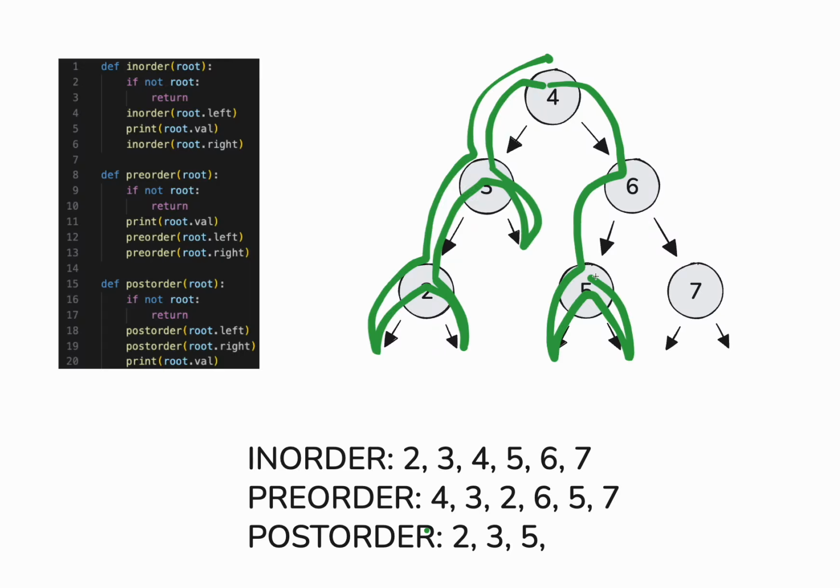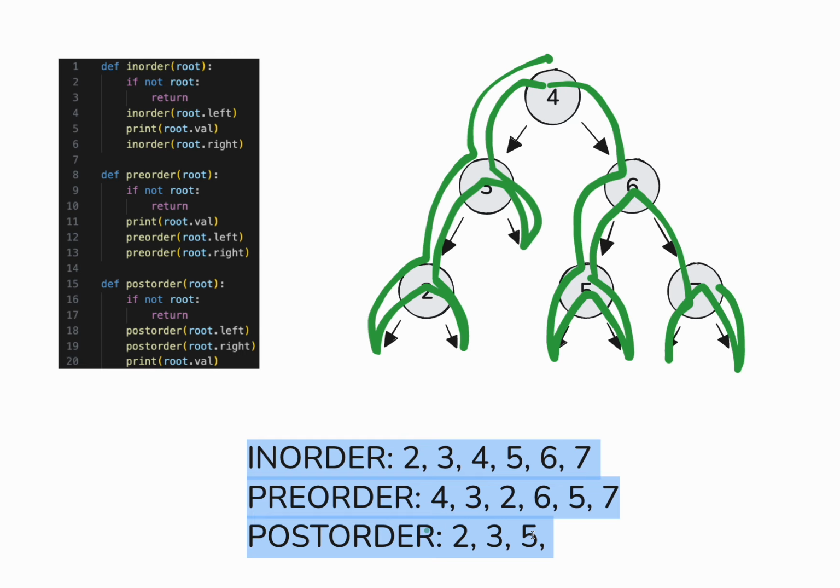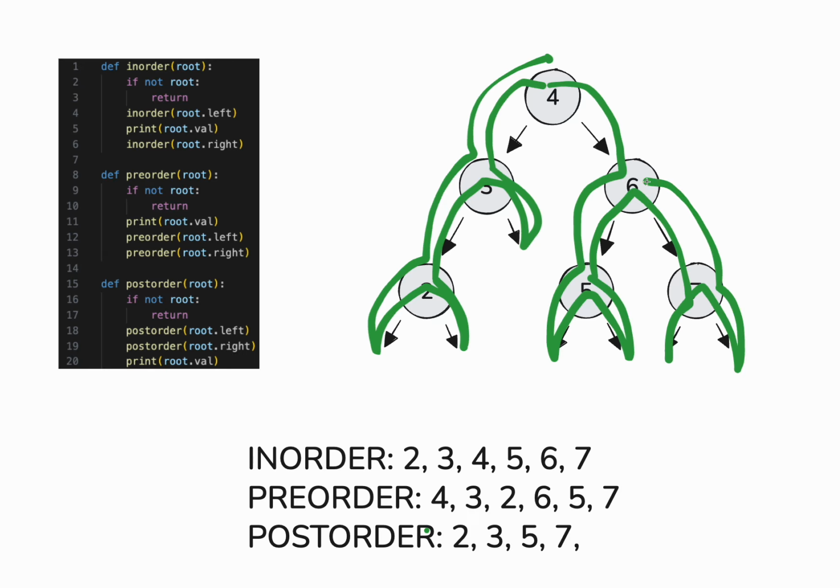Okay, now we're done with 5, let's kick back up to 6. Okay, process left, kick back up, process right, kick back up. Process the 7 node. Okay, now we're done with 7. Let's kick back up to 6.